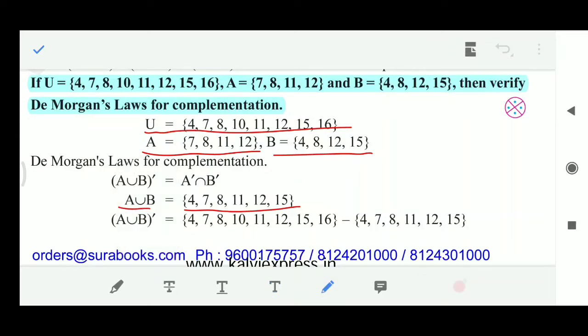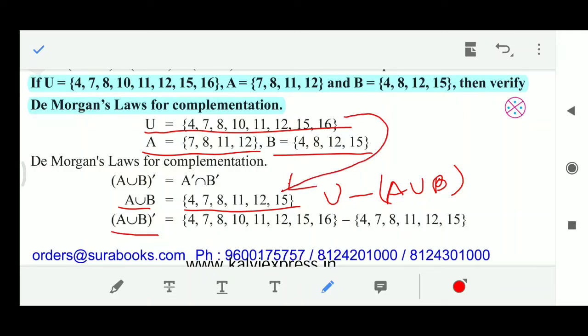Then A union B whole dash, that means universal minus A union B. Whenever you are going to find the dash, it means complement, so you have to subtract from the U. So you have to eliminate the common elements from A union B and U. If you eliminate these 4, 7, 8, 11, 12, 15 from the universal set, the remaining elements are 10 and 16.